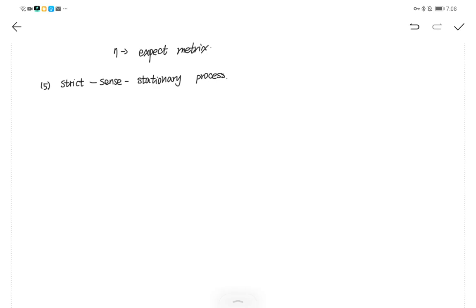So the definition is: f of x1, x2 until xn at t1, t2 until tn equals f of x1, x2 until xn at t1 plus epsilon, t2 plus epsilon, until tn plus epsilon.